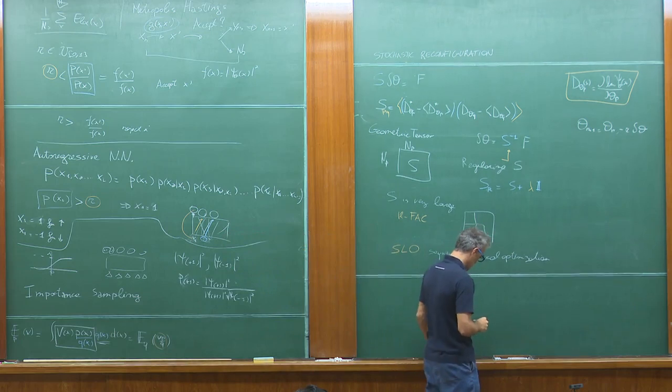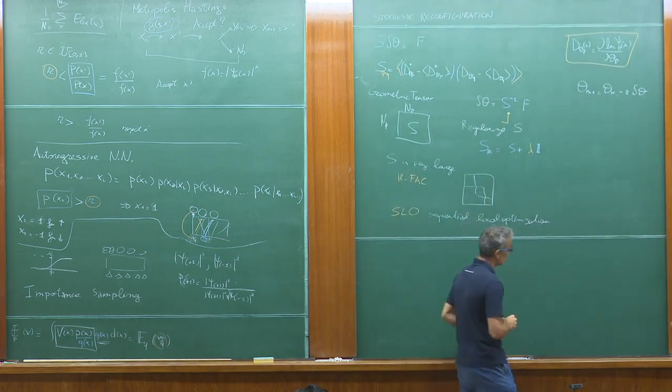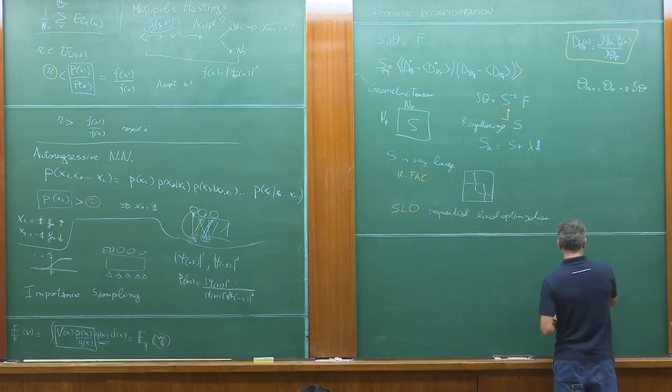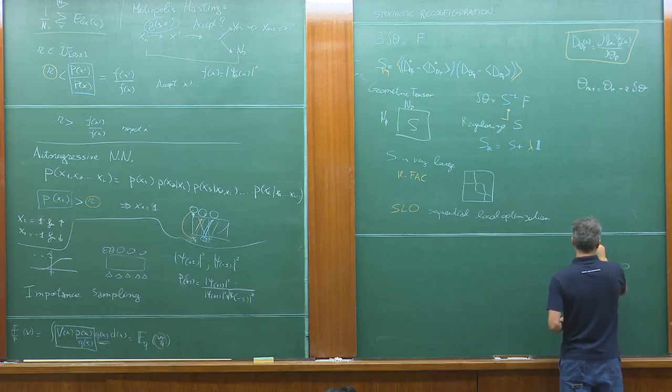So when we were trying to look at the ground states, for example with an RBM, but this is generic, it can be expanded to many other types of neural networks.